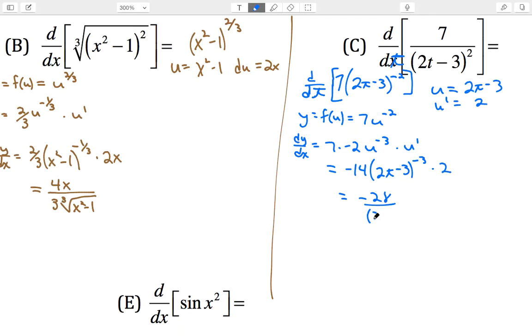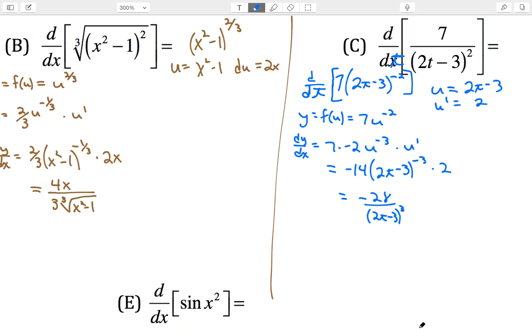What did I write? 7 times negative 2 times 2t minus 3 raised to the negative 3rd times 2. That would be right, because once you multiply all the 2s, it would be negative 28. You want us to fix the negative exponent, right? Yes, please.